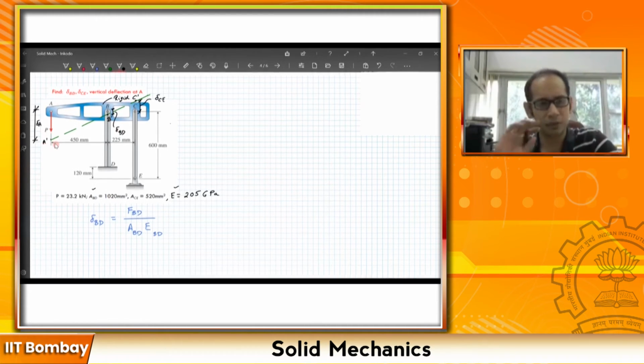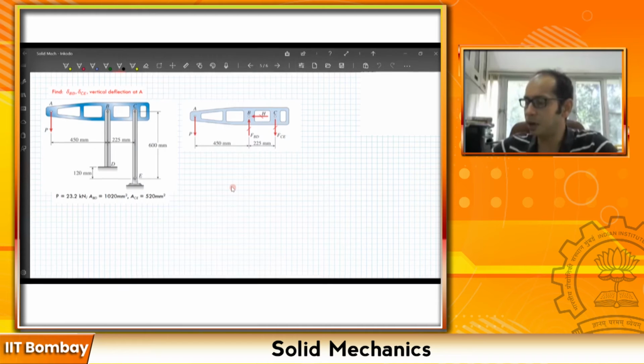But just for clarity and just to mark it out, what do we see if we draw the free body diagram of this ABC? Remember what we figured out, that for the member ABC at the point B, since this point B is going down, it is going to apply a push up at the point B over here, and since this point C is going up, for the bar ABC at the point C, the force is going to point vertically down, right?